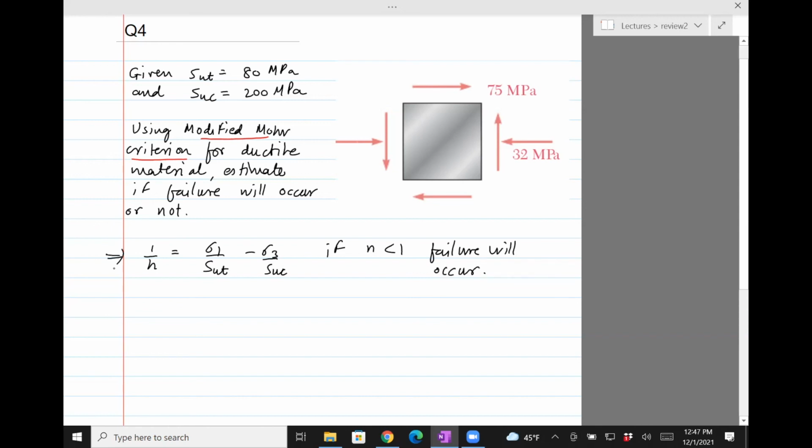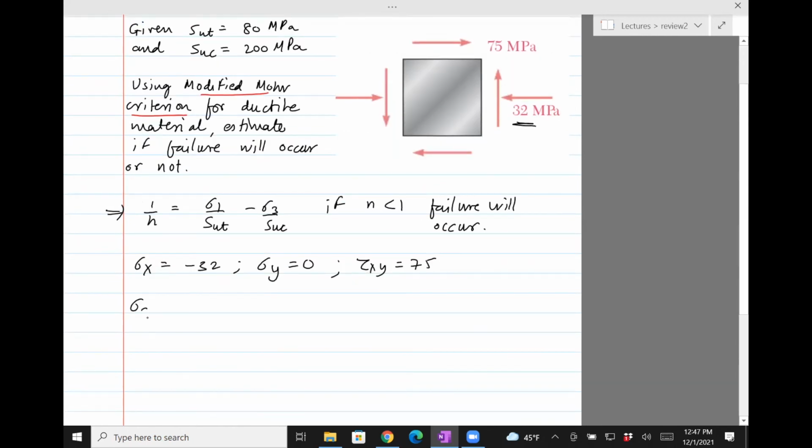Okay, so let's try to find n then. Right? That's the whole point. SUT, SUC is given. So what we need to do is now find the maximum stresses, sigma 1 and sigma 3. So sigma x is minus 32. Sigma y is 0. It's not there. And tau xy is 75.